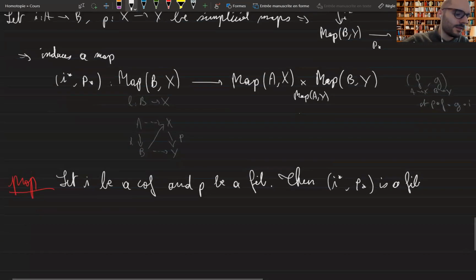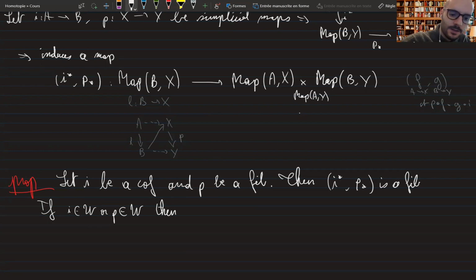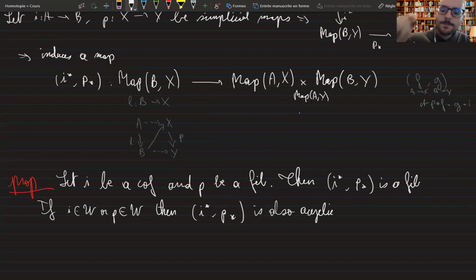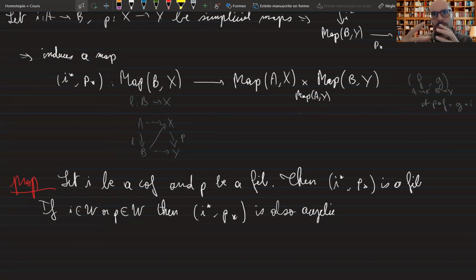but this one is a bit easier. If I is in W or P is in W, then I upper star, P lower star is also acyclic. So it means that you have a space of commutative squares, you have a space of lifts.